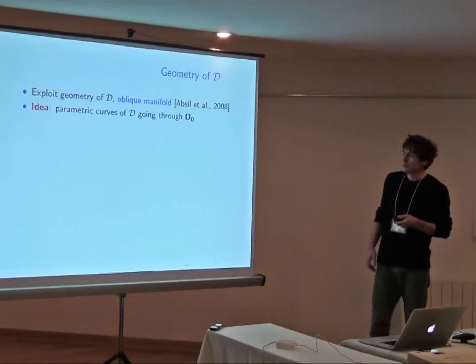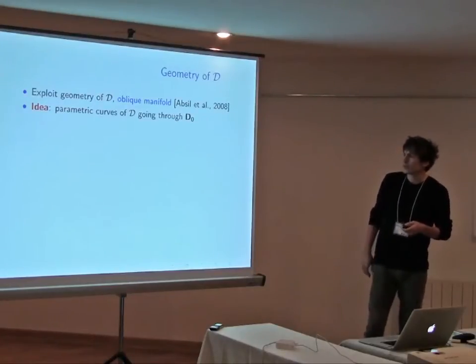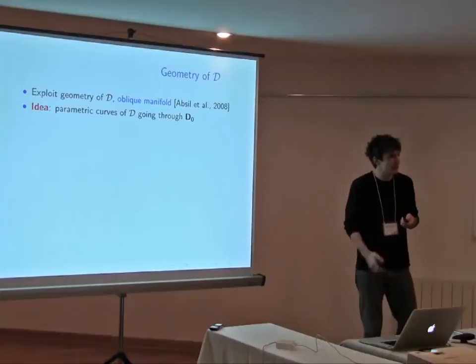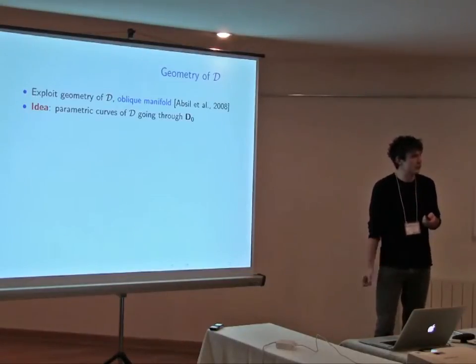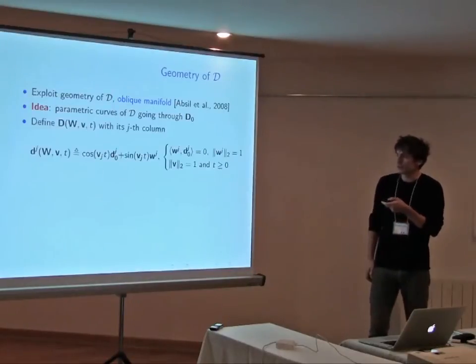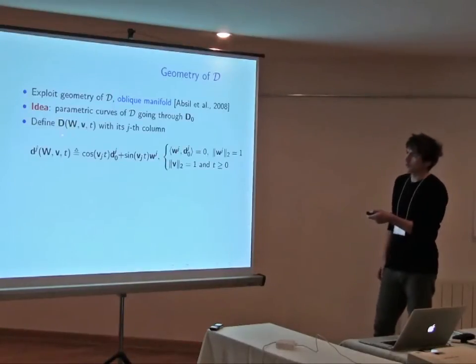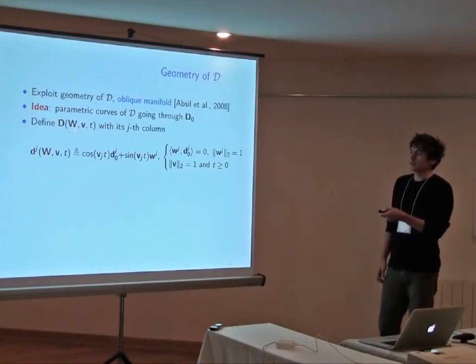And the idea will be to parameterize this set of dictionaries through a family of curves that will all go through the reference dictionary D0. And so I introduced this family of curves, which is defined as a function of three parameters, W, V, and T. Let me explain what these parameters mean.